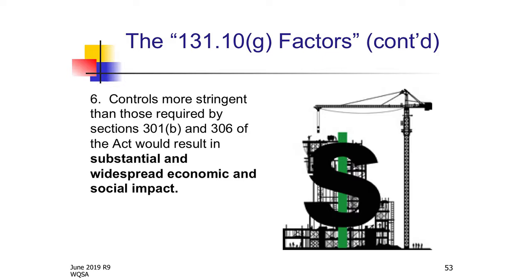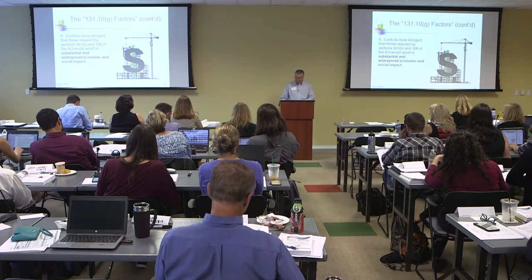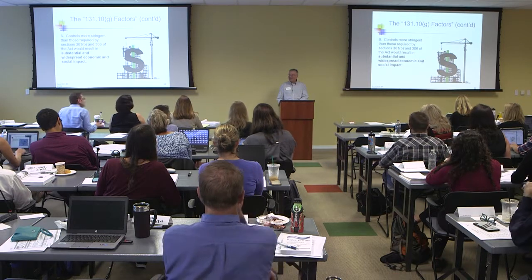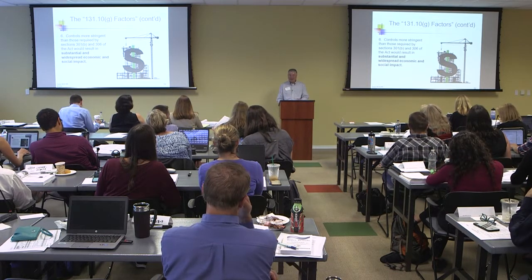If the only way for a water to meet its applicable criterion would be, for example, if all the dischargers installed a particular treatment technology that could achieve their water quality-based limits, but doing so would cause a substantial impact on the dischargers and the effect would be widespread in the community, then factor 6 would be the rationale of the UAA. And on Thursday, I believe there'll be a whole module on this factor under the title of economics.